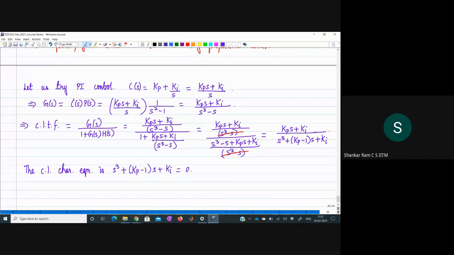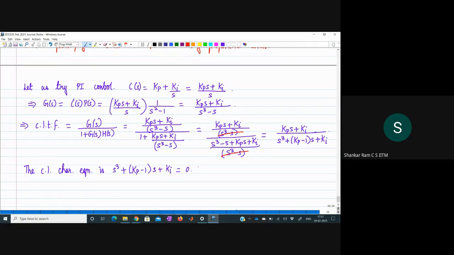What to say? Then we could essentially figure out whether there existed a Kp which will ensure that both the roots lie on the left of the complex plane. But now we have two parameters, right?